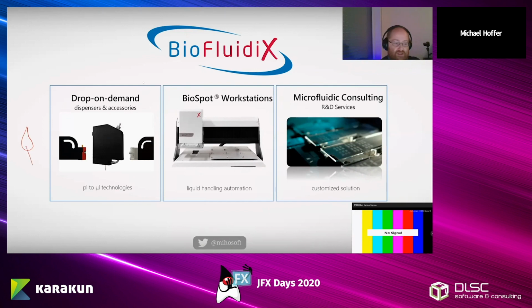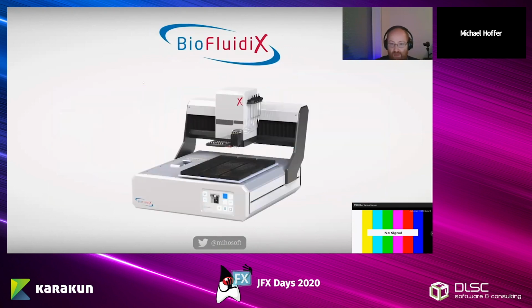And this is then a picoliter up to a microliter. And we dispense it precisely on a predefined location. On the right-hand side, you can see very small drops. And we also provide consulting and some R&D services.